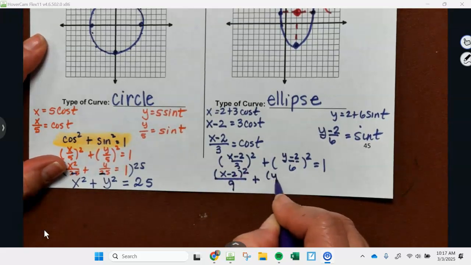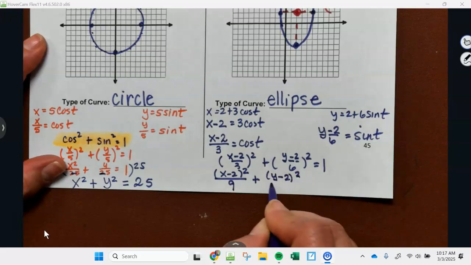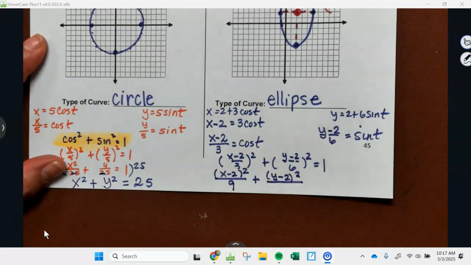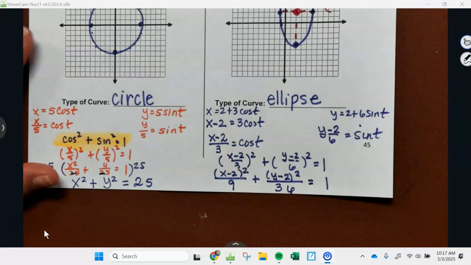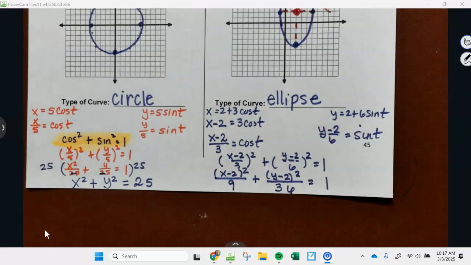We're not foiling out the other one either, so just leave it squared, but do square the bottom, so it's going to be over 36, and it equals 1. Now remember, ellipses equal 1, so that's why it looks like that. Notice our denominators. Here's b squared, here's a squared. Notice our HKs are different. They're opposite. They are opposite because they are derived from parametric form.